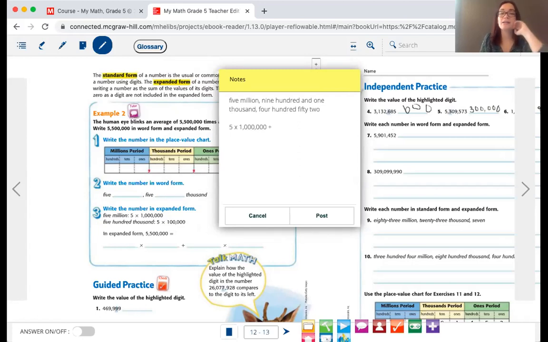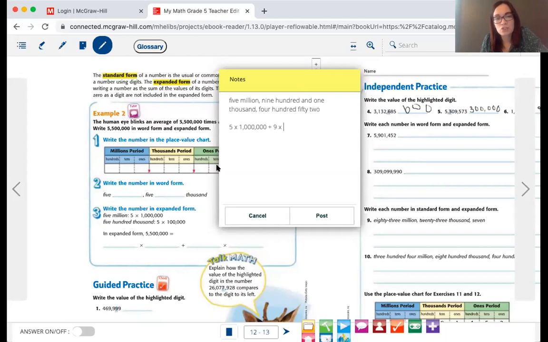Then I look at my next digit. So my next digit is that 9. So I'm going to write down the 9. And can anyone tell me what place value the 9 is in? What place value is the 9 in 5,901,452? So to do that, I have to do 9 times.